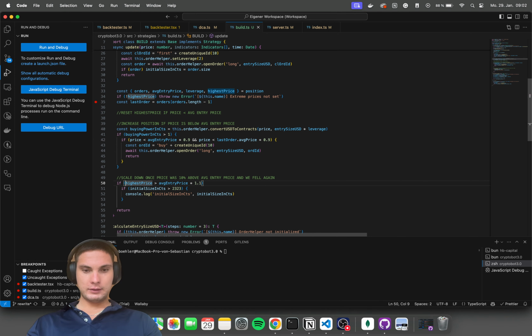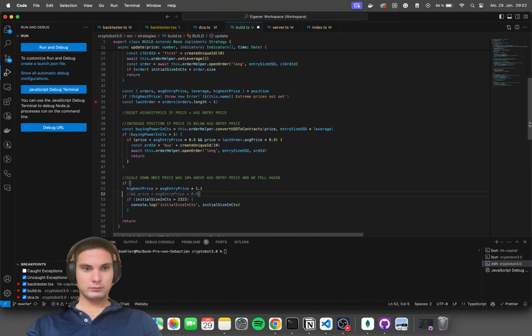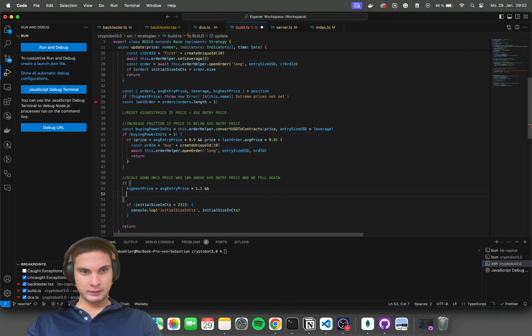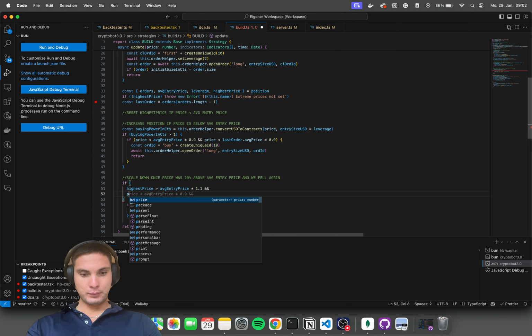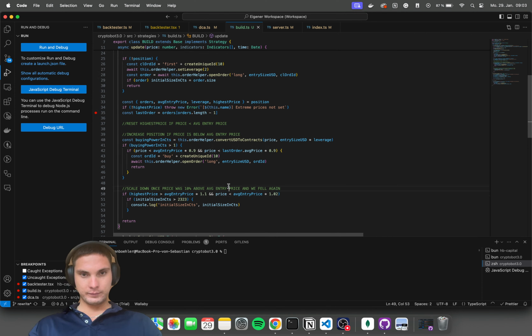Okay, so let's do this and format it a bit. And the price is smaller than the average entry price times something like 2%.